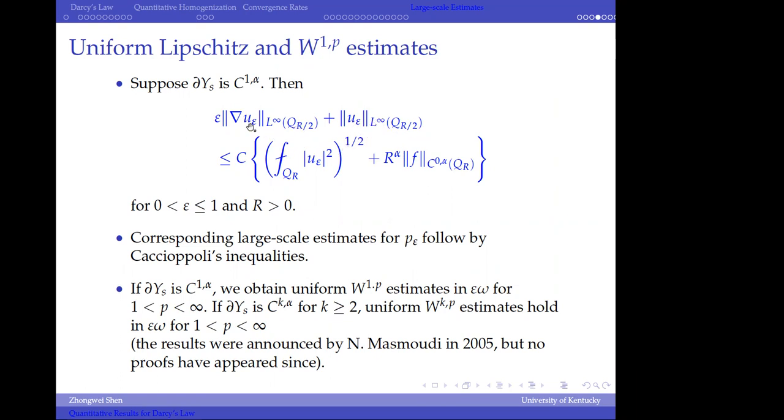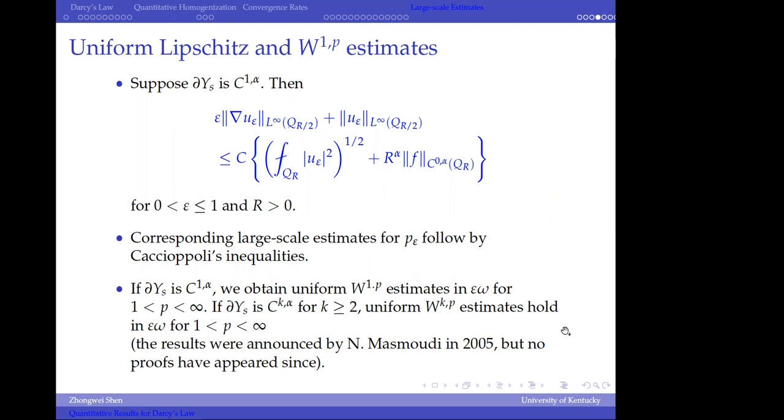So the L infinity norm plus the L infinity norm of the gradient multiplied by epsilon is controlled by the L2 average plus the term involving the right-hand side. And there's also a corresponding large-scale estimate for the pressure term, which follows from this estimate for the velocity simply by using the Cattabriga inequality for Stokes equations.